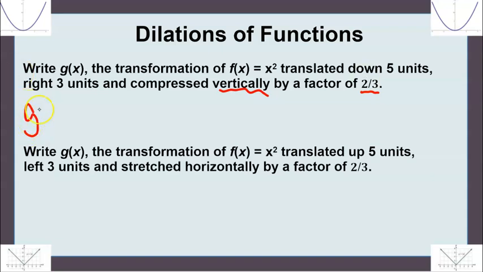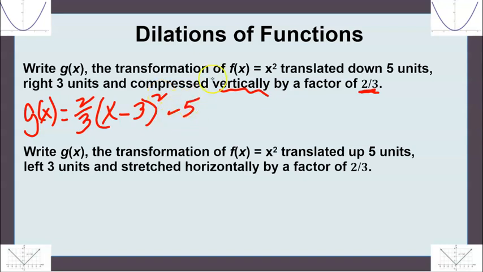So I have g of x equaling, on the outside it's compressed because my a is less than 1, so I have 2/3, parentheses, x minus, it's 3 to the right, so my h is 3, squared, and then it went down 5 units.